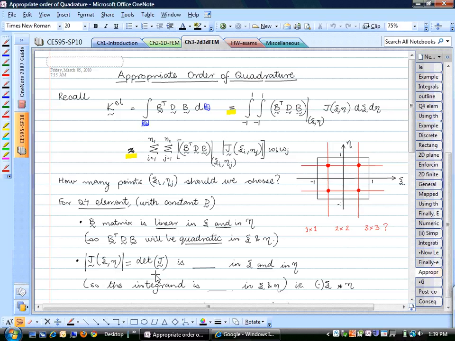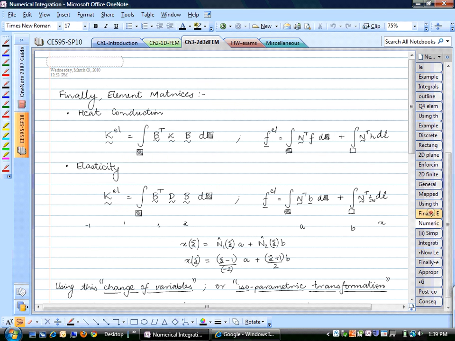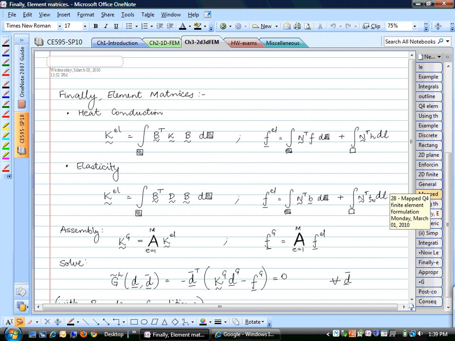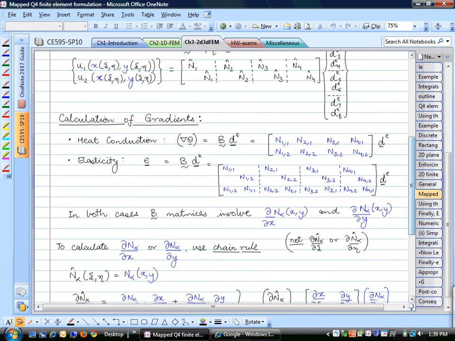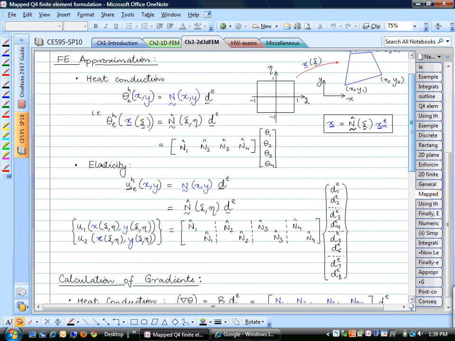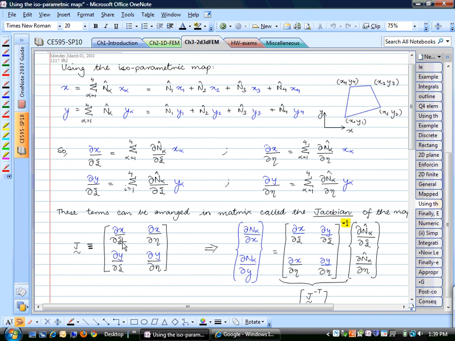It will be linear because Jacobian has terms like dx over dXi, dy over d eta.